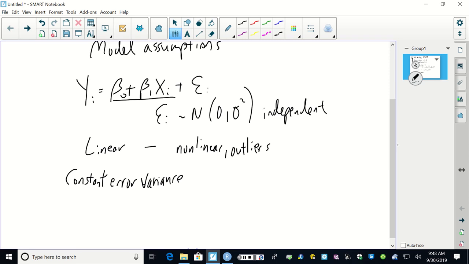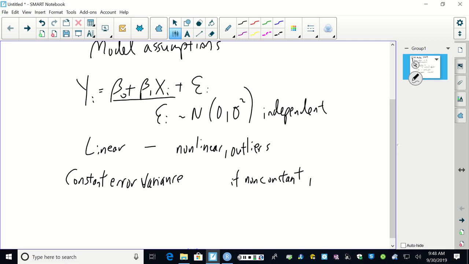So if it's non-constant, we can still estimate the linear regression function, and on average, we're unbiased for that. But the standard errors for different things, the standard errors for the estimates of beta 0, beta 1, or the estimate of sigma squared, well, it doesn't really make all that much sense because the variance is changing across there.